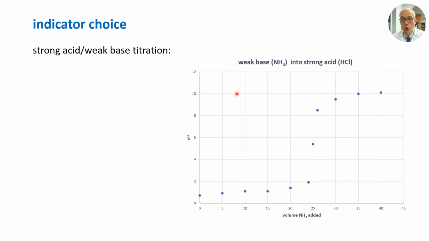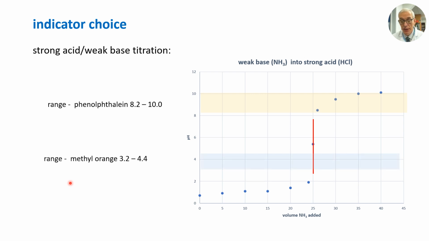Moving on to a weak base being added to a strong acid, and marking the vertical section. Phenolphthalein, methyl orange. Pause and decide which of those 2 indicators is suitable for this titration.